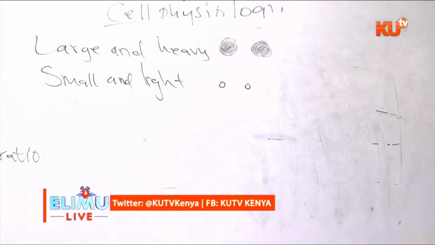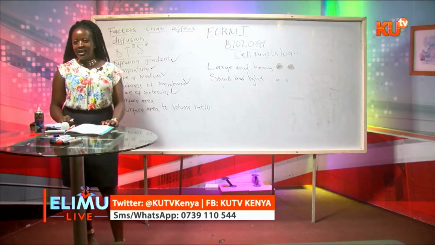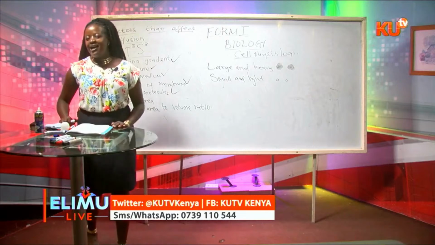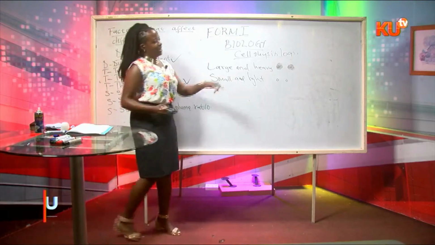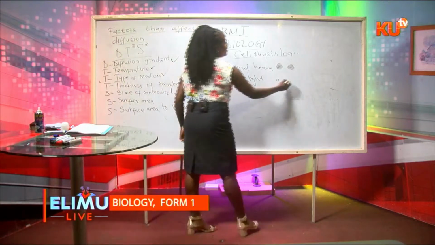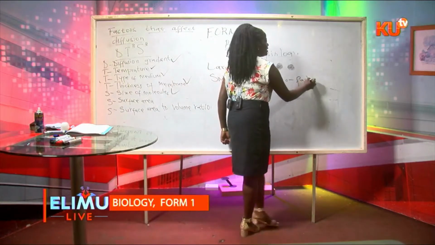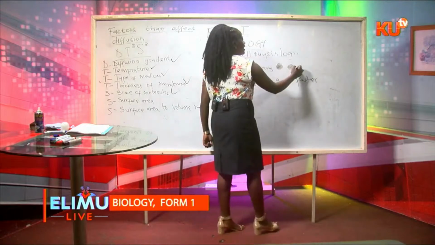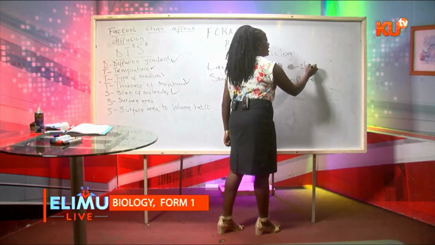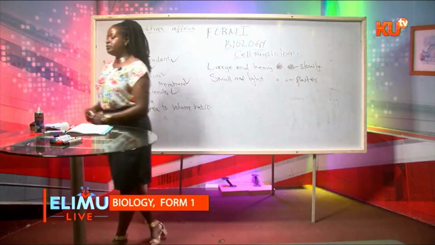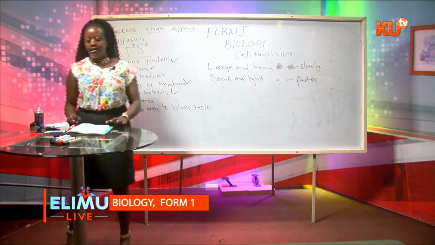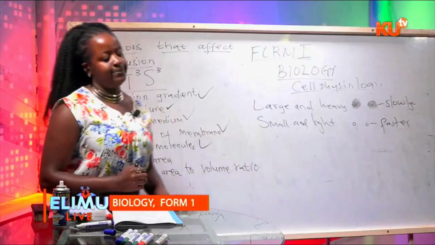So small and light molecules, they diffuse faster than heavy and large molecules. Heavy and large molecules will diffuse slowly due to their size and due to their weight.